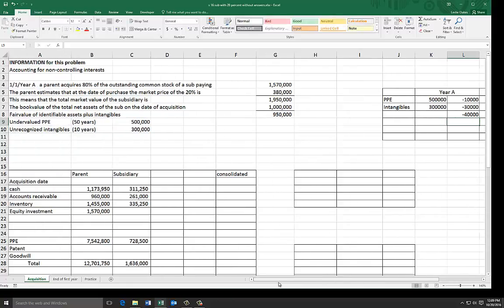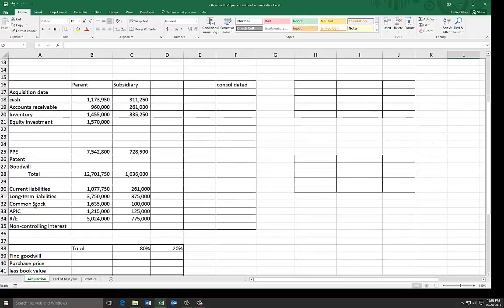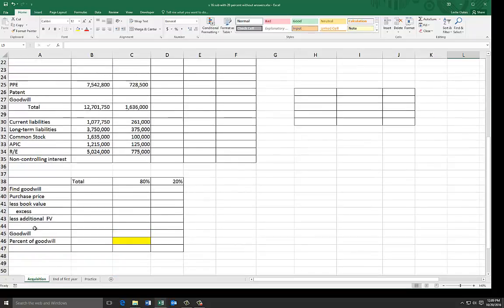Now the next thing we need to do in this problem, and I know that the material's a bit out of order because it's got the consolidation worksheet there, but I want to go down and do goodwill. That's really going to be important in these kinds of problems. The important thing about the goodwill is that we're now going to work kind of backwards. We know that for the 80%, the parent paid $1,570,000.